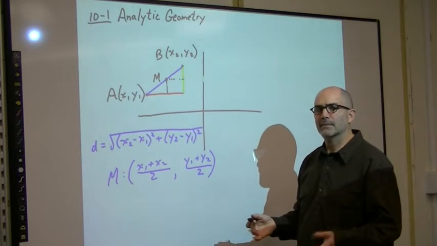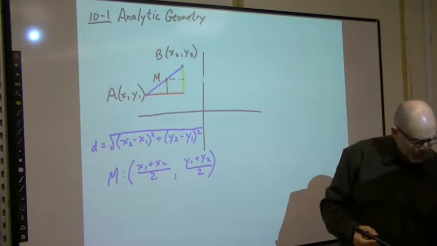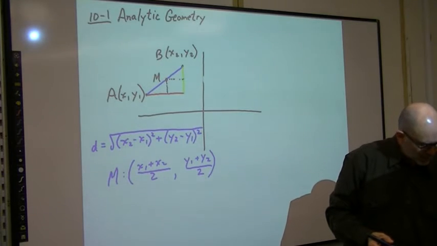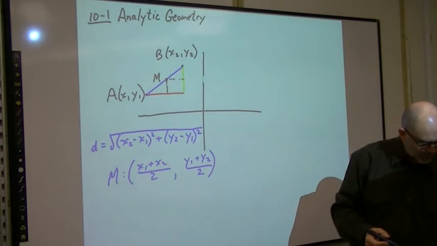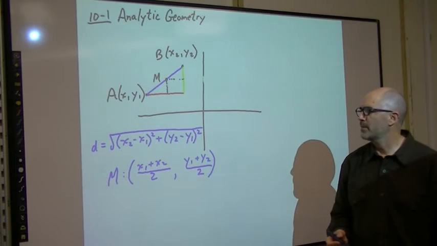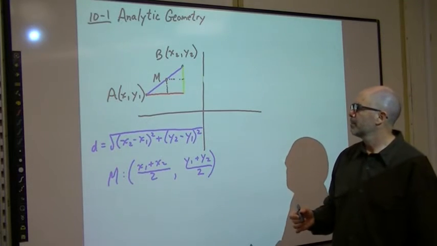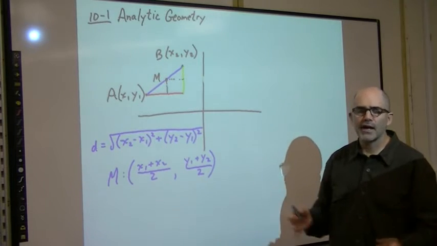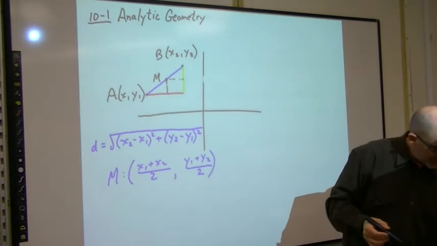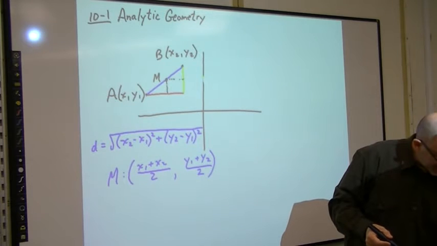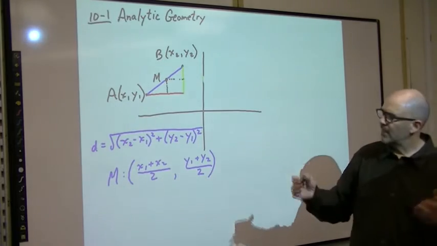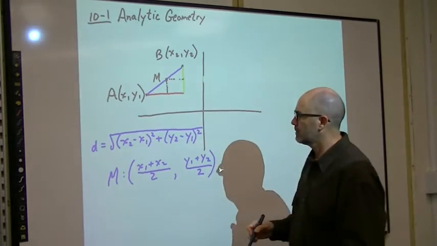That's basically it. There's only one more thing, and that's going to be doing some proofs using analytic geometry. But just in case you didn't get this, let's try an example. We want the distance between 2 points. I'll just make up some points.